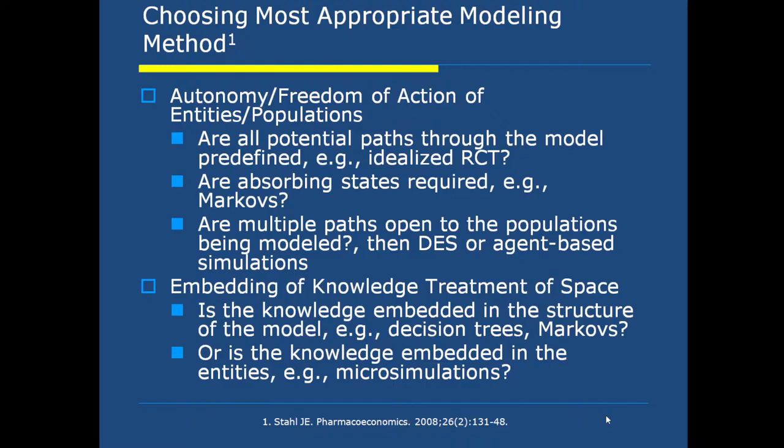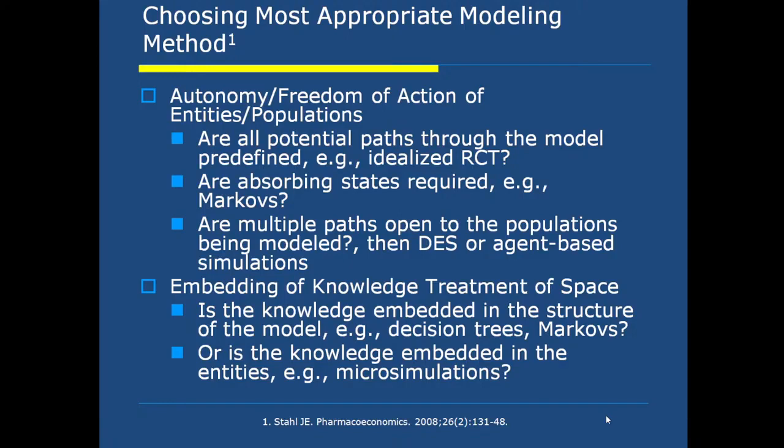Autonomy, freedom of action of entities and populations. Are all potential paths through the model predefined? Are absorbing states required? Are multiple paths open to the populations being modeled?